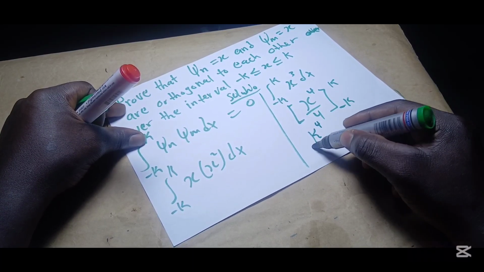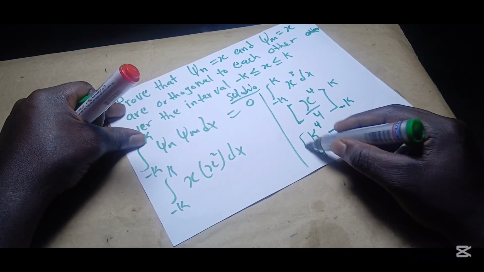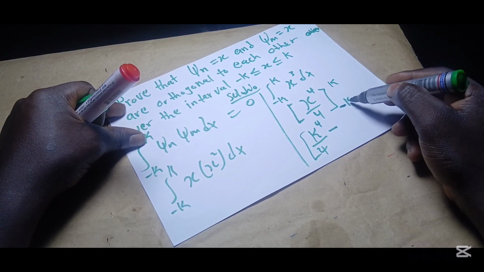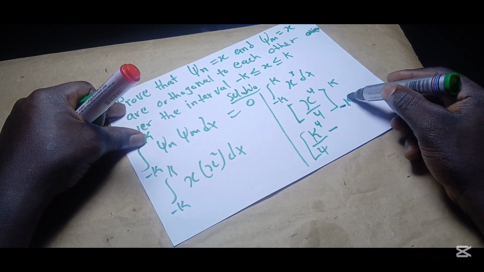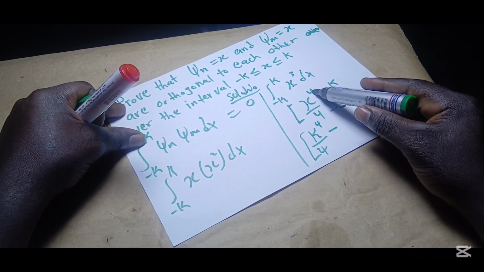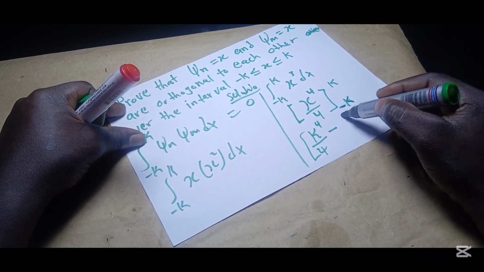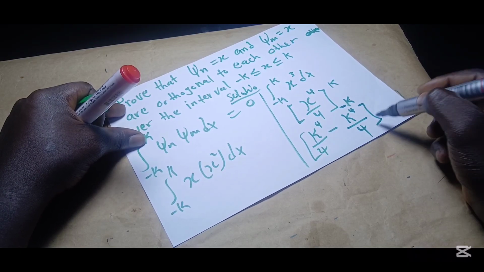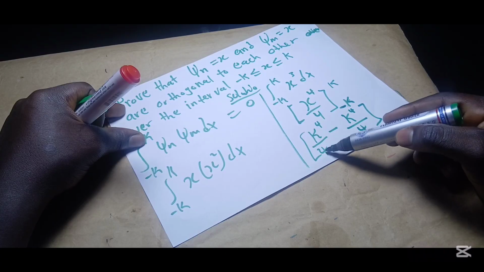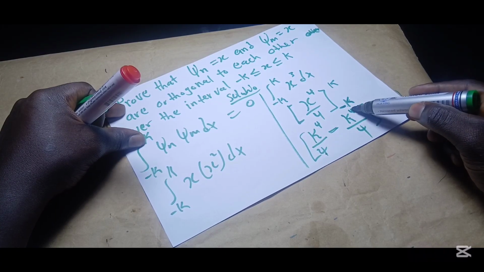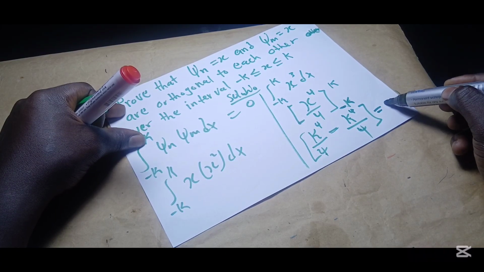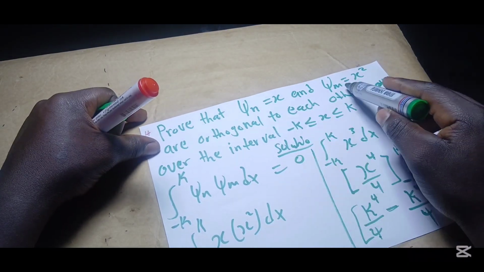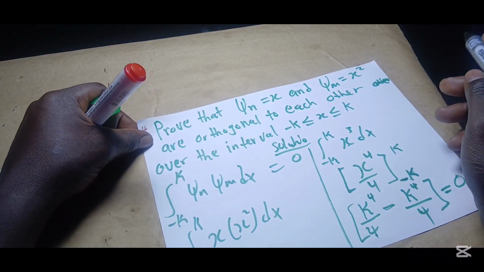So k to the power 4 all over 4 minus, now put in the lower limit. Wherever we see x, we put in minus k there. So minus k to the power 4, since the power is even, is going to give us positive k to the power 4, all over 4. And k to the power 4 over 4 minus k to the power 4 over 4 definitely gives us 0. So the two wave functions psi of n and psi of m are orthogonal to each other.